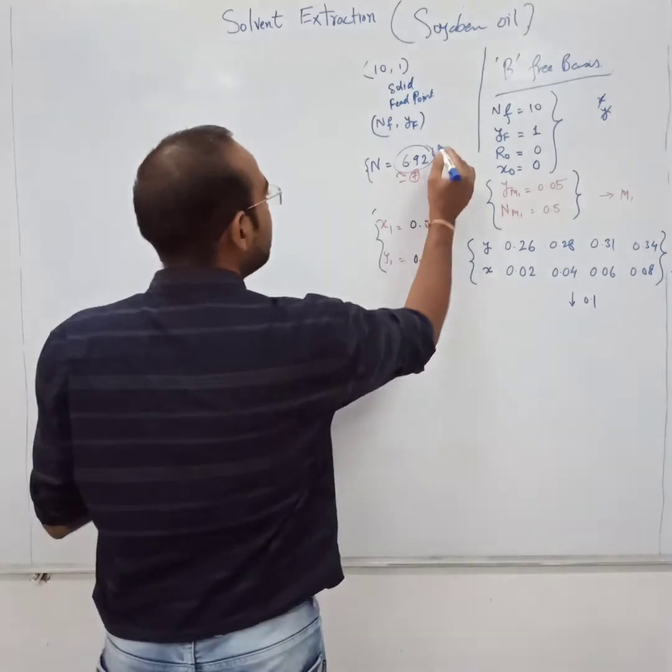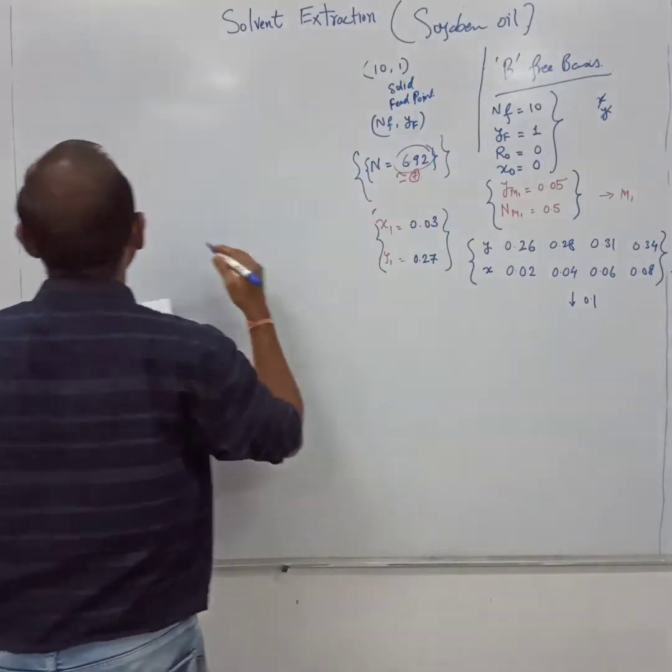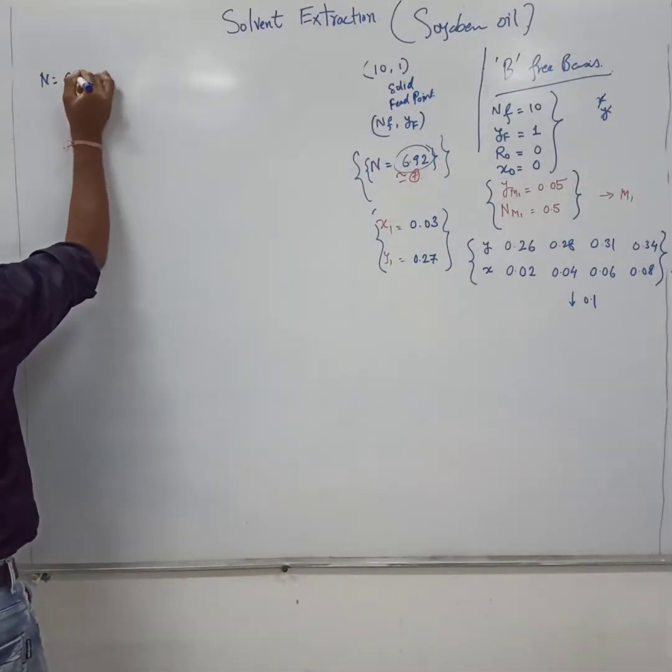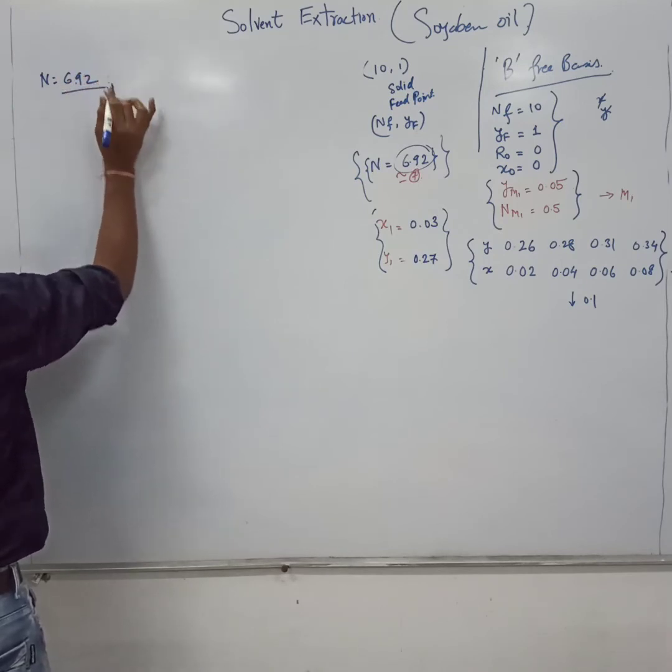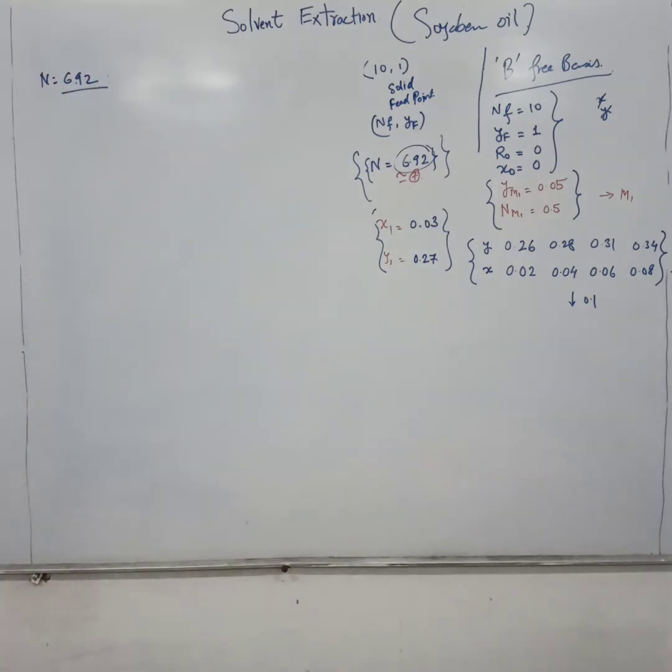Okay, so n equals 6.92. Just a minute, I will check how it is given or how it is found.